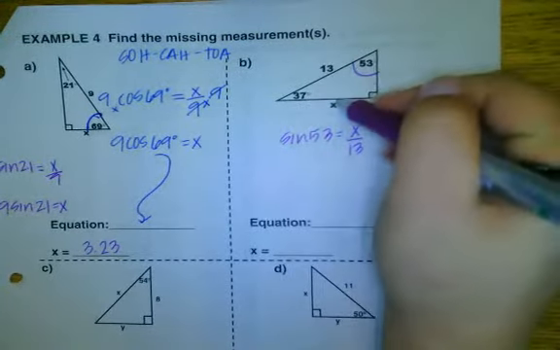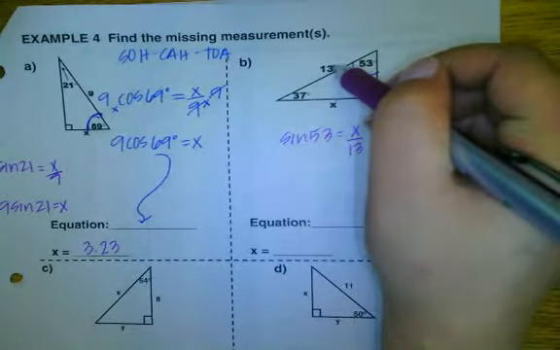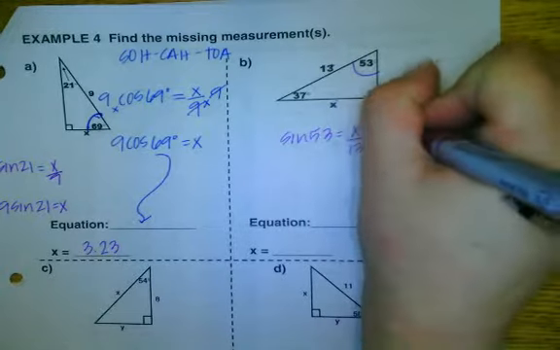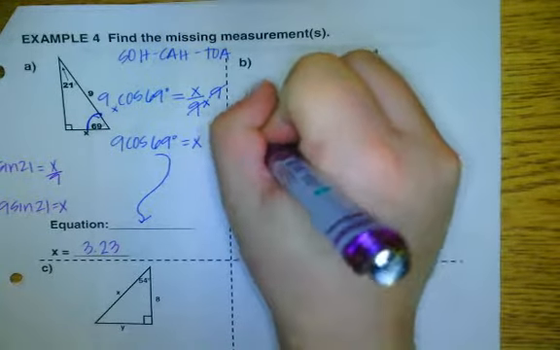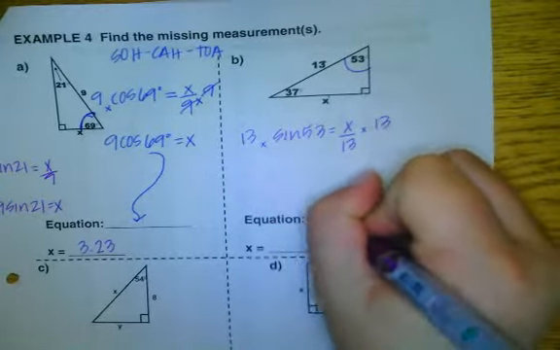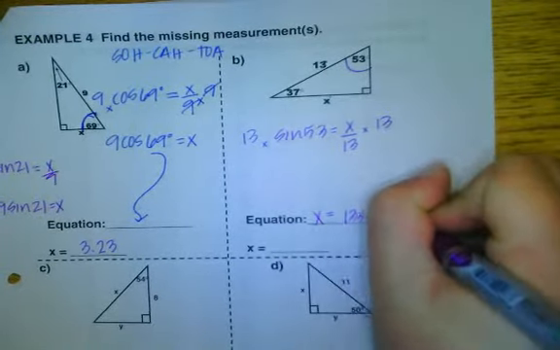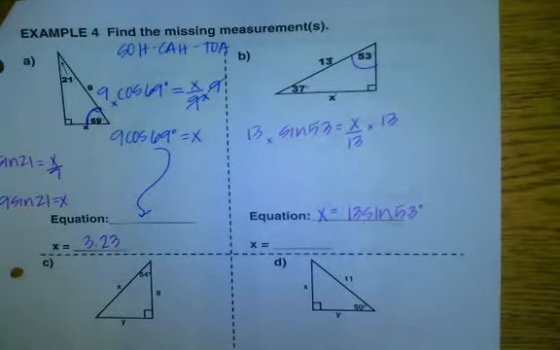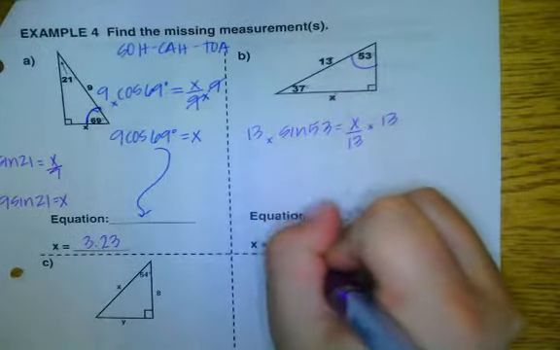How are we going to solve for x? Multiply both sides by 13. So our equation would be what? 13 sine of 53 degrees. And so x equals what? 10.38. And you can just write units.